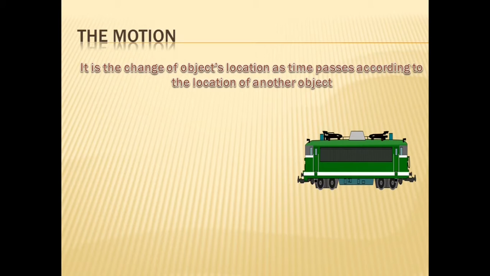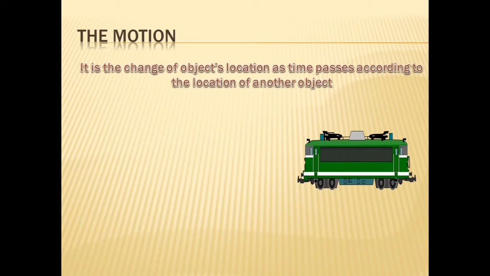For example, if you are in a train, and this train didn't start moving yet, but the opposite train starts to move, you will feel that you are moving forward. Of course, it's just a feeling due to a type of motion called relative motion. We will study it later.